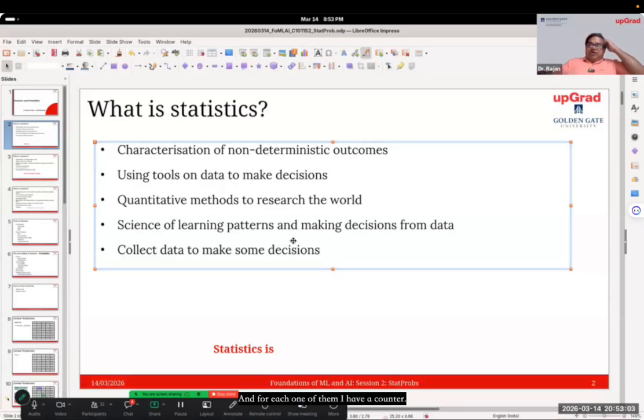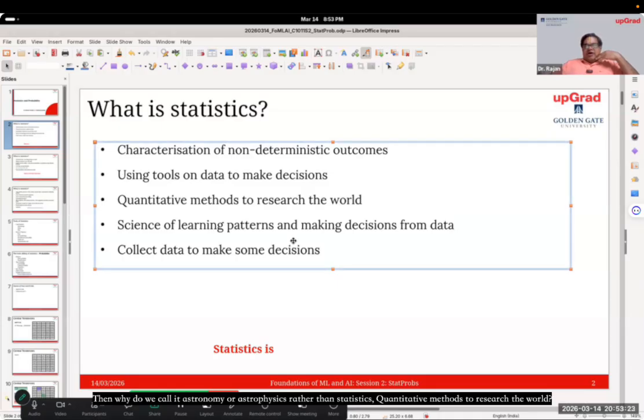And for each one of them, I have a counter. Let's say using tools on data to make decisions. Can we use tools to make decisions regarding galactic bodies? Then why do we call it astronomy or astrophysics rather than statistics?